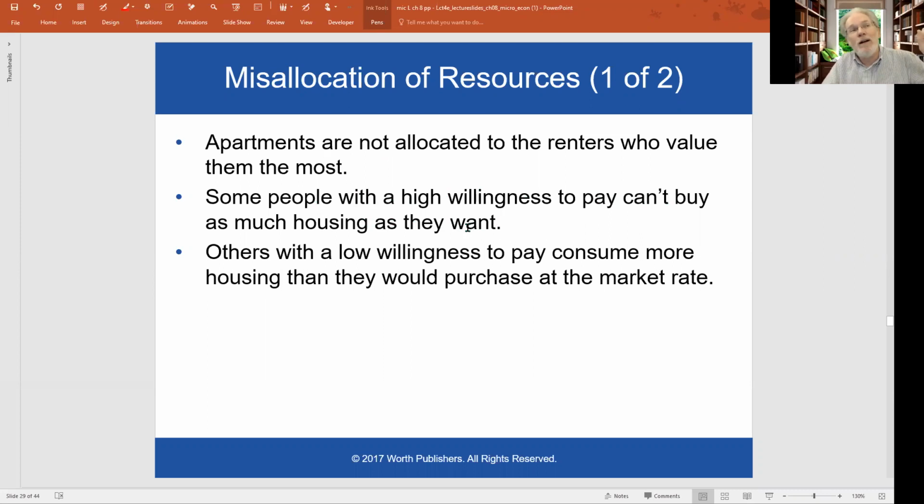Somebody who, like I said, a family that was willing to pay a high price to get that apartment, they had no way of expressing the value that they placed on that unit because they couldn't offer a higher price because the rent was controlled at the earlier level. And he had a very low willingness to pay, but that didn't matter. He had a friend who had the legal right to that unit, and so he stayed there.